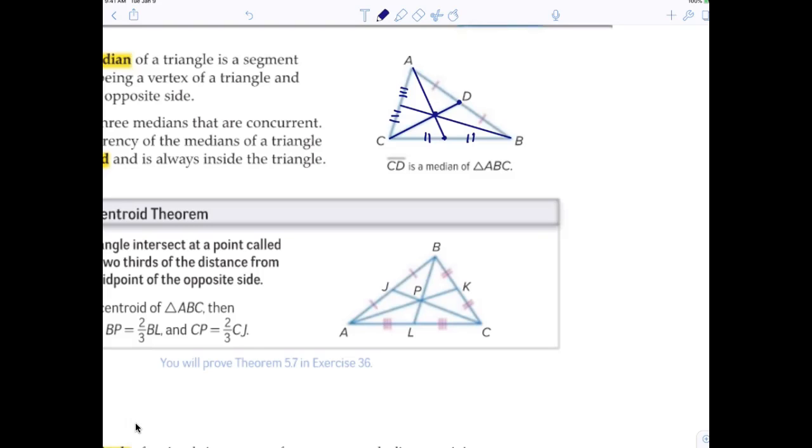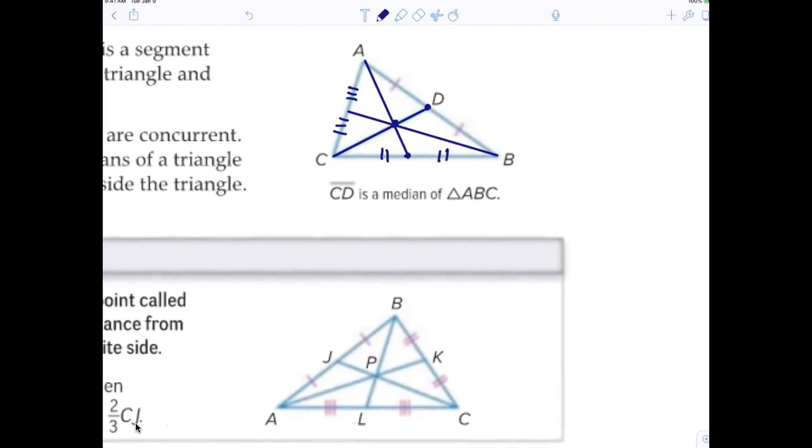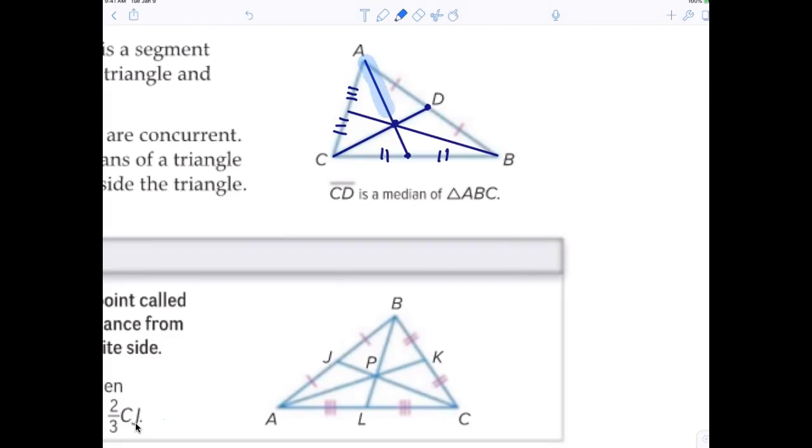All right? Something unique about the centroid, some people call it like the center of gravity or the center of mass. Right? If I were to cut that triangle out and balance that, the centroid was where I could just balance that triangle perfectly steady. All right? I know that's a big deal. Now, the other unique thing about the centroid is that it separates the median into two parts.